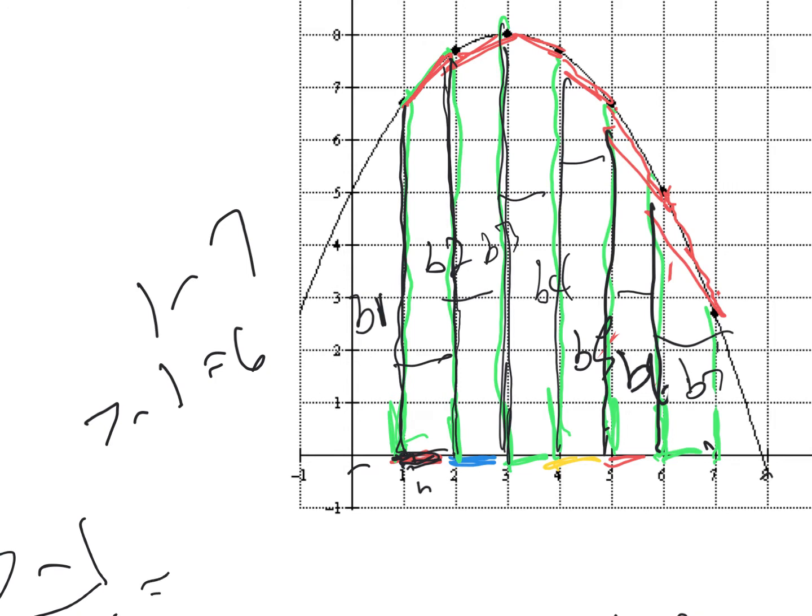And since the delta x is 1, 6 over 1 means there's going to be 6. That's how many trapezoids I'm going to have. And we finish that up. That would have been 1/2 B6 plus B7.